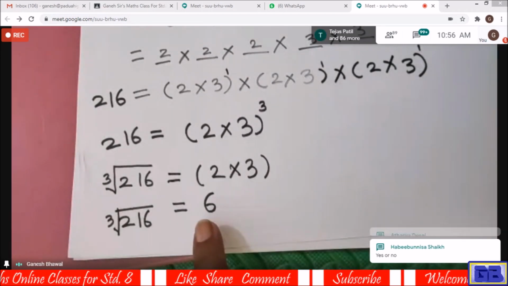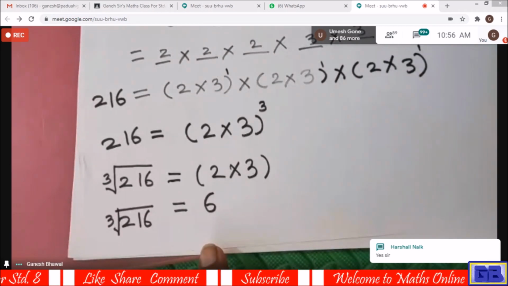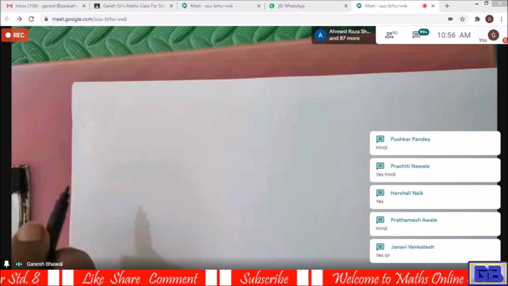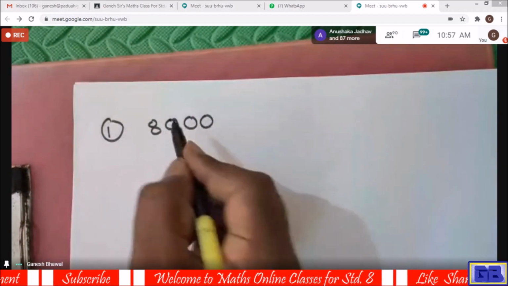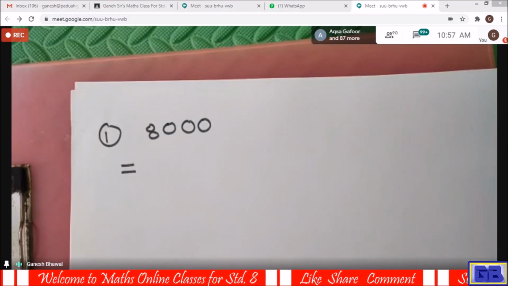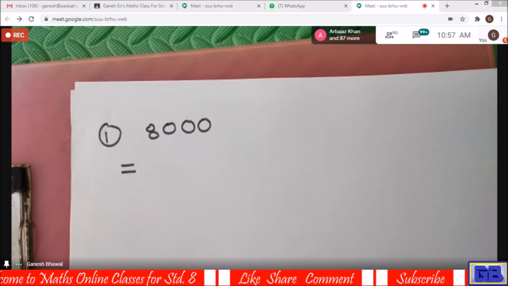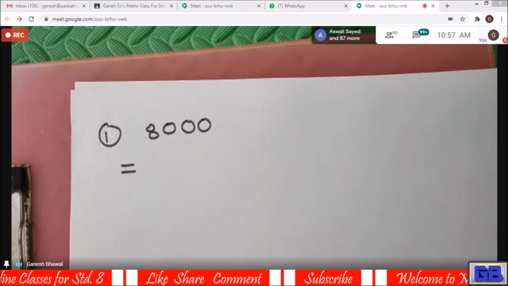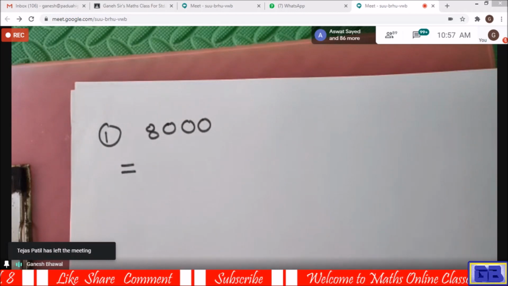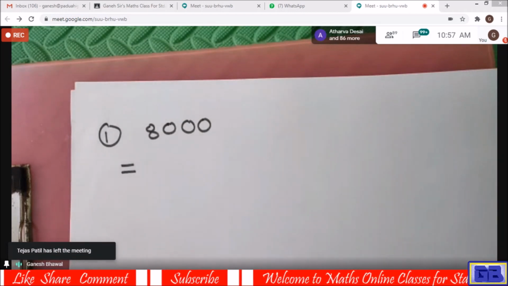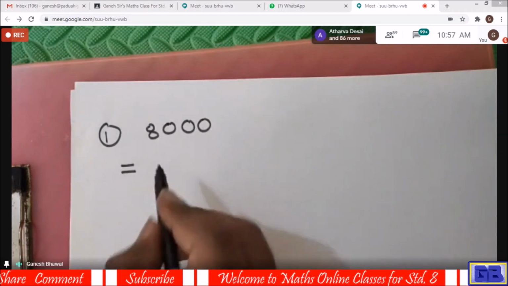Have you written this? Shall I change the page? Okay, we'll take this first example and we'll wind up. The first example is 8000. We have to first find the factors. Which number did I say we have to take first instead of 2 or 3? 8.